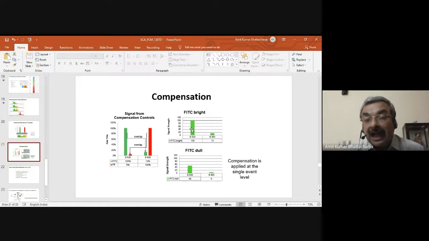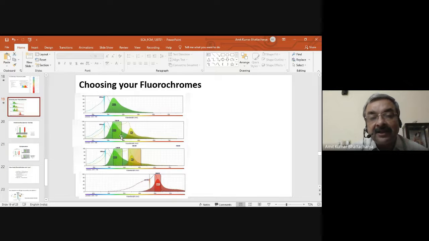But what happens is that when you digitally subtract light from the overlap region, you lose light, and as you see here in this particular case, you actually lose light even from the light which belongs to this particular fluorescent profile, and therefore the intensity reduces.